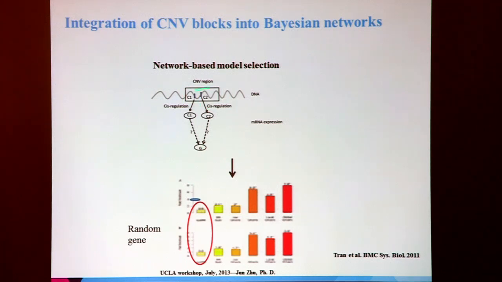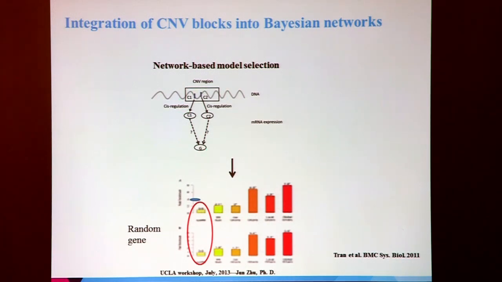So here is the copy number variation. Then you can see what the potential cis regulation of this one is, or which one is more likely to be trans rather than cis regulation. So you can formally integrate that. Then you can test whether integrating copy number variation improves the network now.